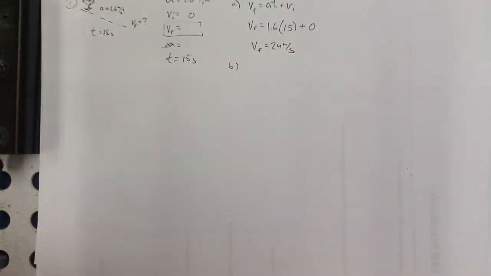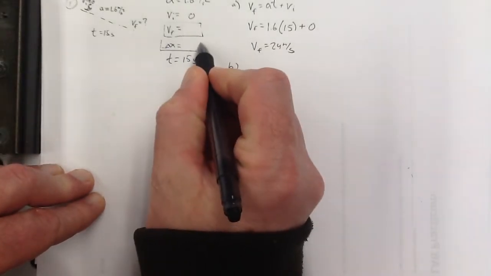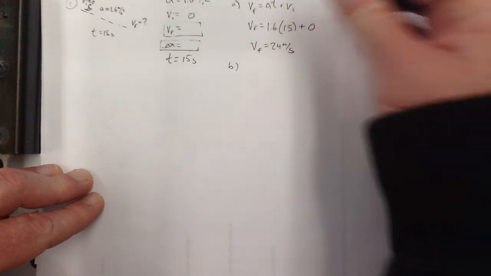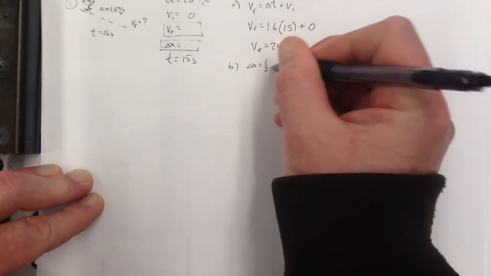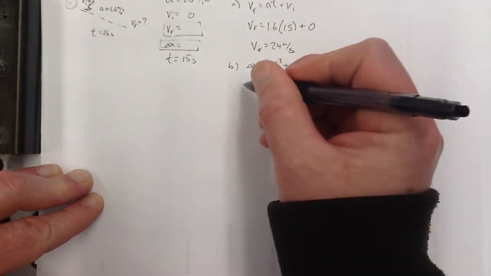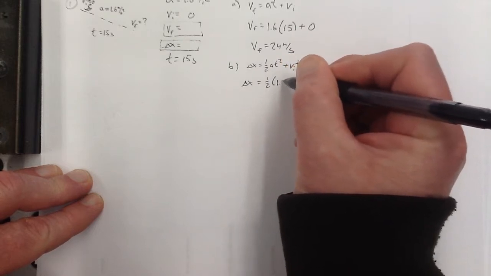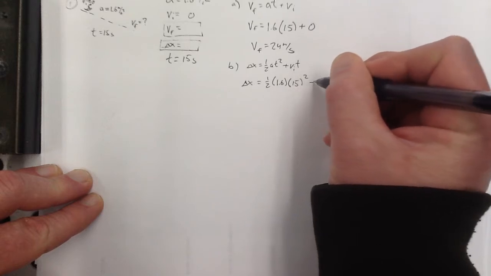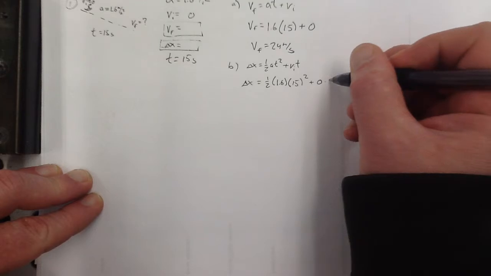How about part B? How far? Saw that coming, right? So which equation does not have the final velocity? That is this one. Delta x is equal to 1/2 a t squared plus VI t, that's 0.